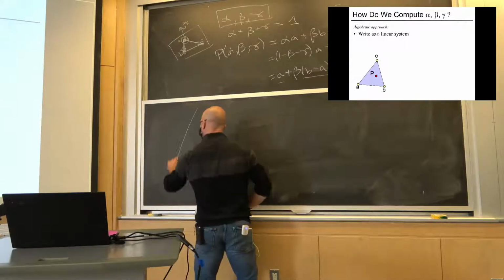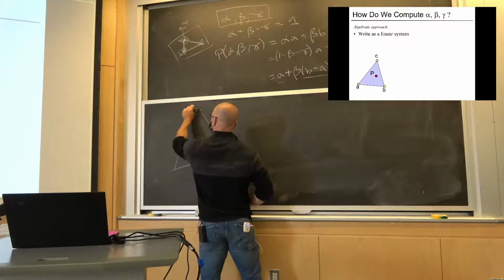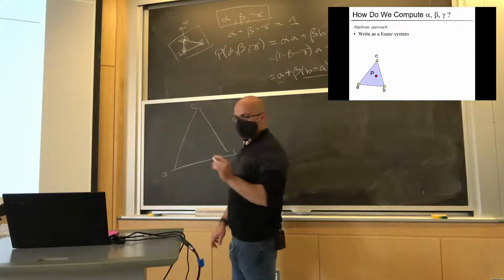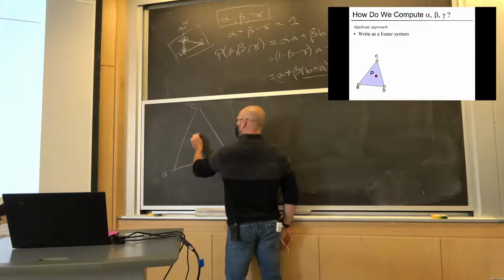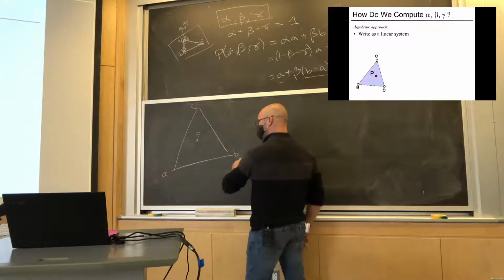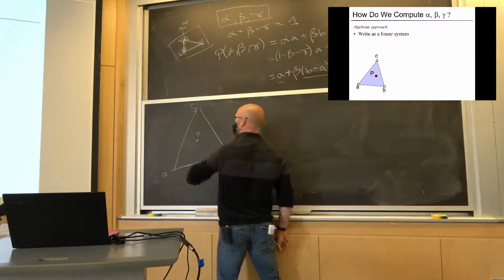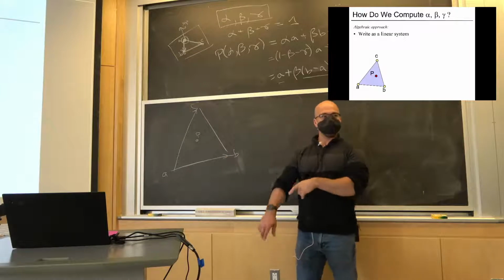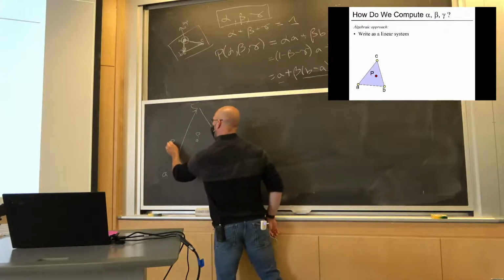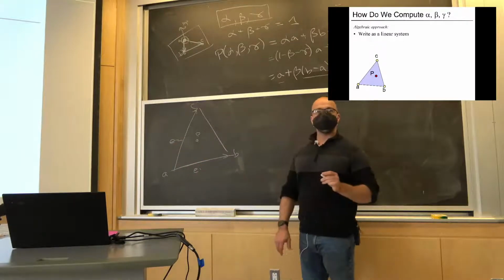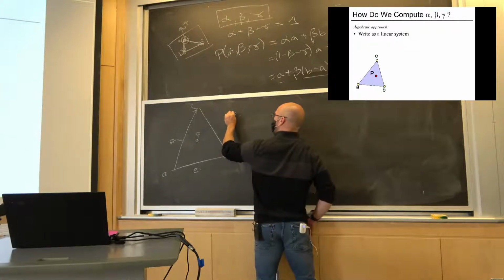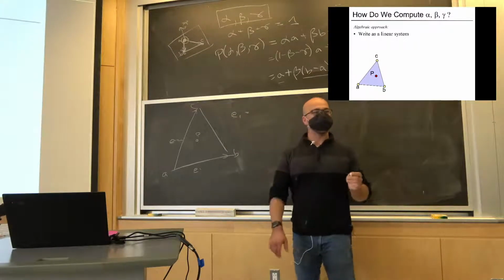So here's our triangle again: C, A, B, and I've got some point P, and P is in the interior here. I'm going to define two different vectors, which we've already talked about today. We're going to call these E1 and E2. E stands for edge. Mathematically, what is E1?